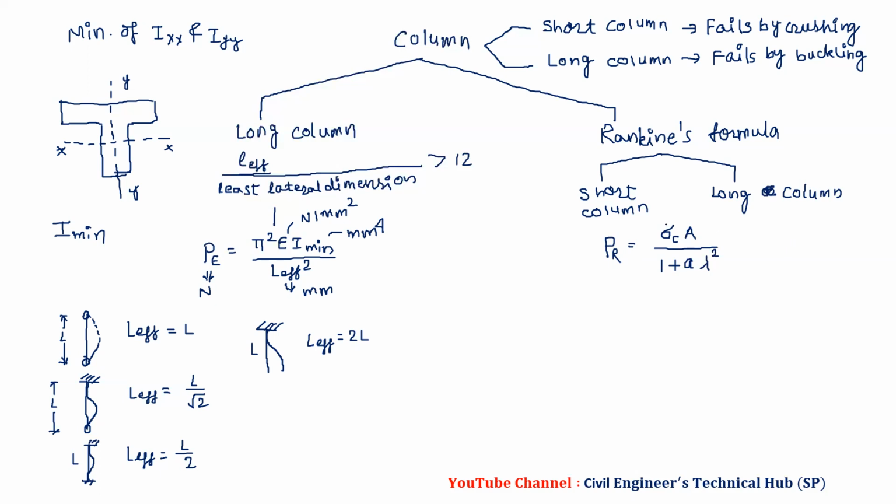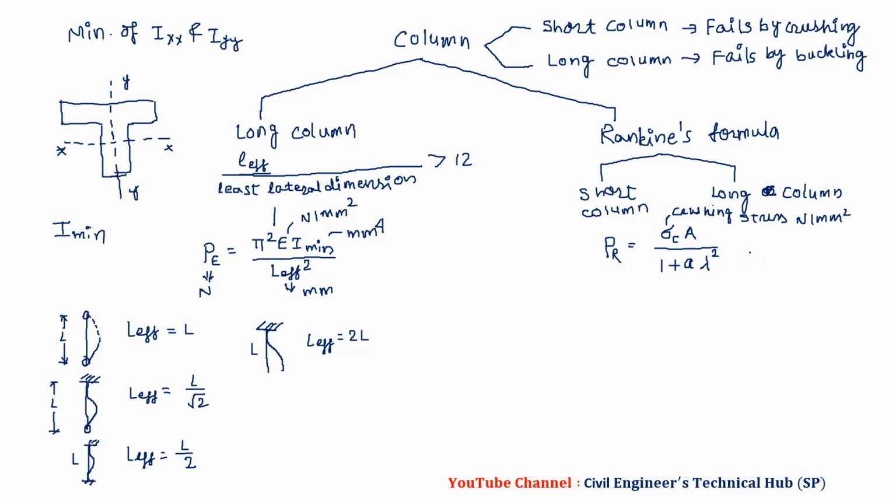Now sigma C we have yield stress or crushing stress. We can write it as crushing stress or yield stress. Unit Newton per mm square. A is area, millimeter square.